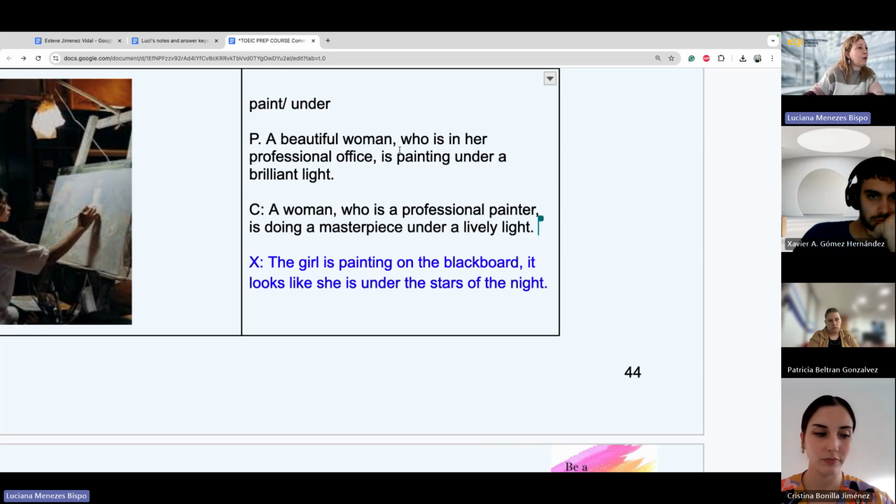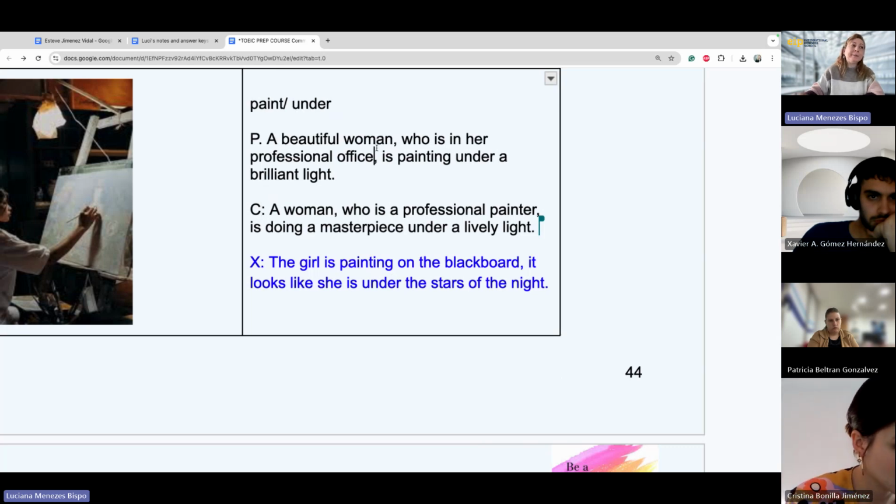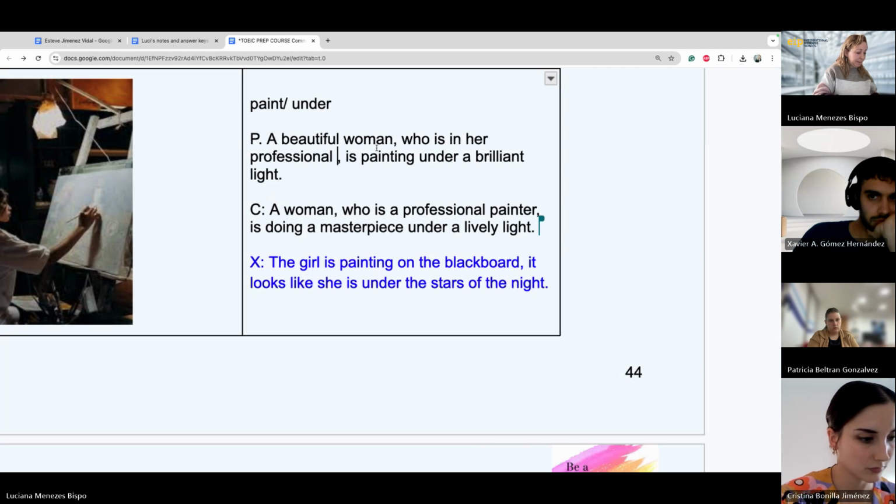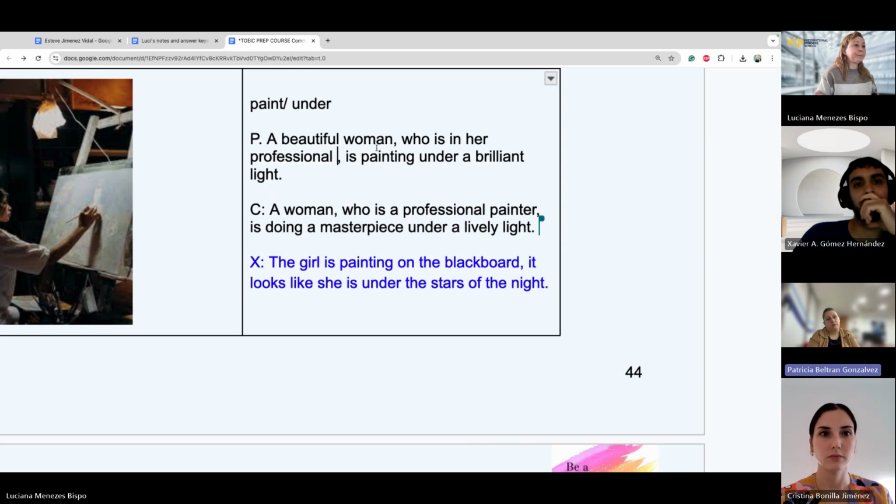A beautiful woman who is a professional. Studio. Local, I wouldn't. Studio.